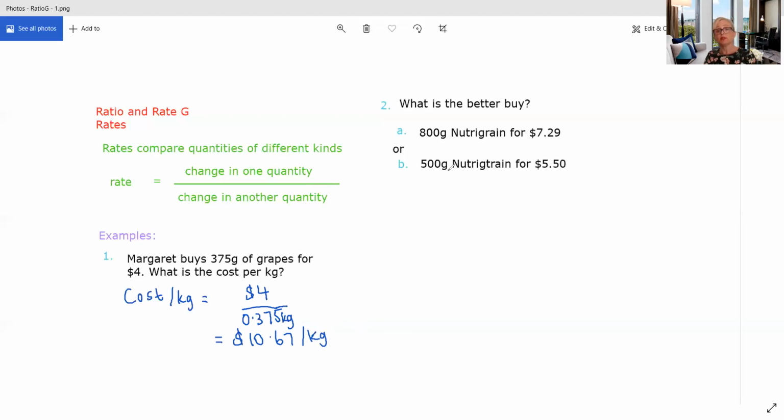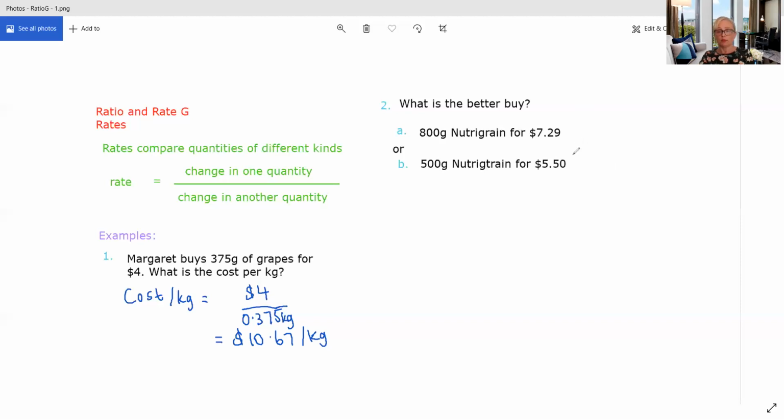Another example where we use rates are things like, what is the better buy? You might notice if you go to the supermarket these days, it's actually the law that there must be a unitary price or a price per set amount given when they display the price for something. So if you're buying soft drink, it must say the cost per litre, for example, for the different sized bottles or cans or whatever.